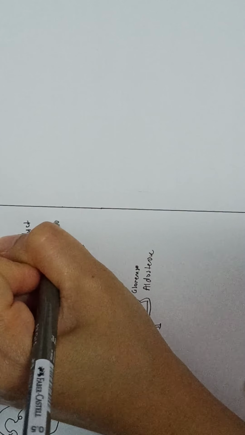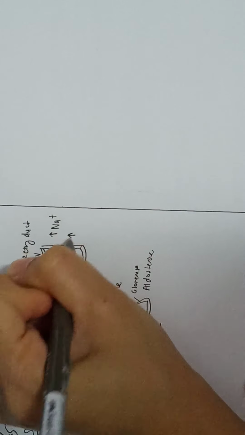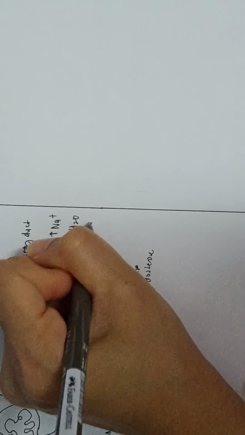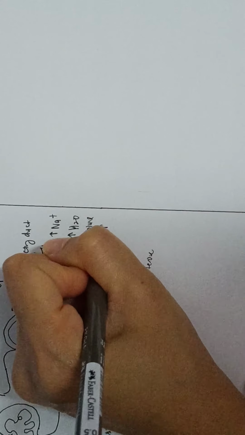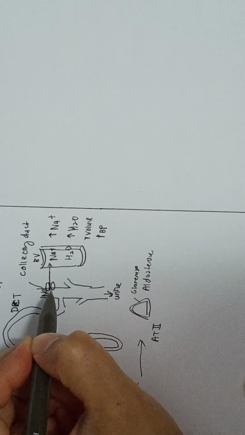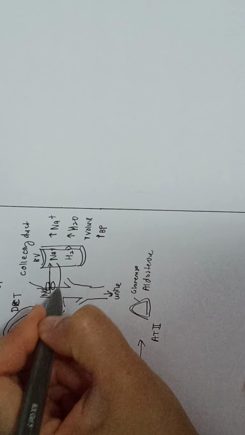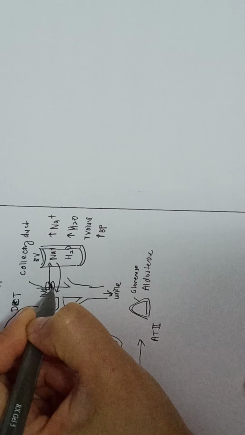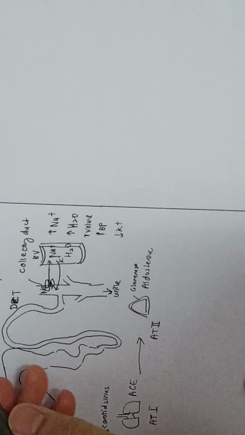So the sodium will become high, with an increase of the water, and this causes an increase in the volume, so the BP will be increased. In order to pump in the sodium, it needs to exchange with potassium, so the potassium will become low in hyperaldosteronism.